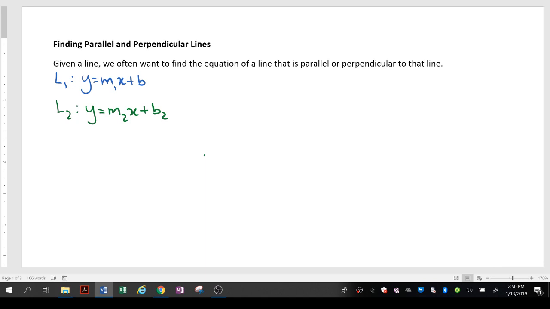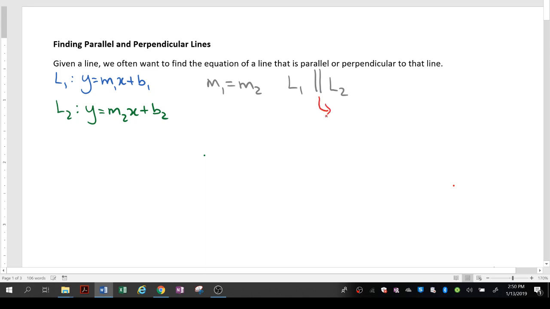Now we know that if these two lines are parallel, then m1 equals m2. So here L1 is parallel to L2. And this symbol here, these two vertical lines, is the symbol used when two lines are parallel.